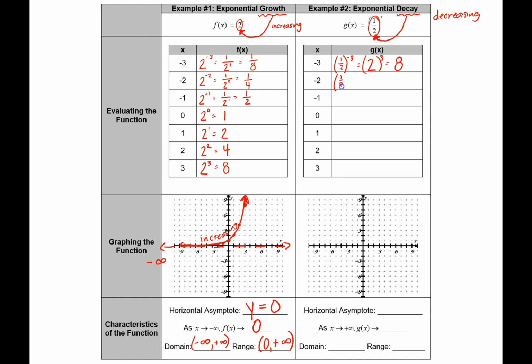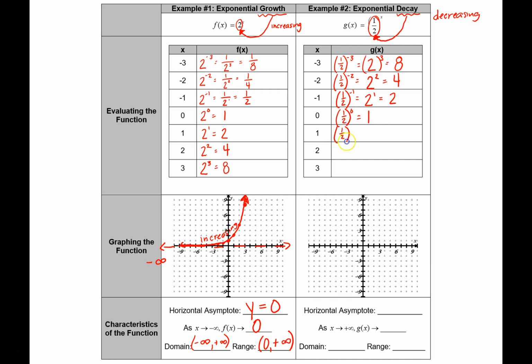When I take 1/2 and raise it to the -2, it flips the fraction bar, so it becomes 2/1, and then that negative went away, so it's just the 2 for the square, so that's 4. When I plug in the -1, that's going to give me 2 to the 1st power. Anything raised to the 0 power is going to be 1.